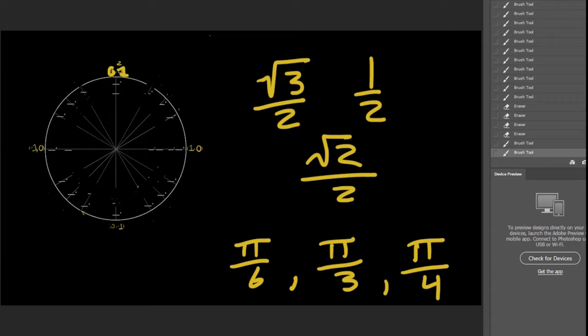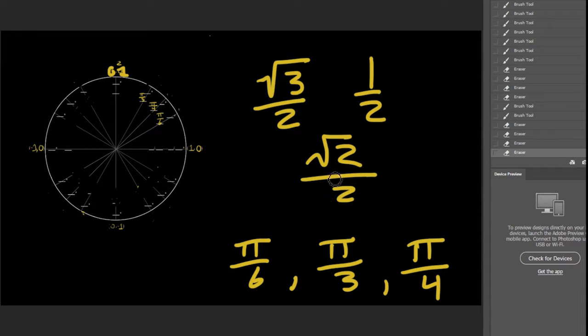And I'll show you what these numbers are here. Right there, that's pi over 6. This is pi over 4. And that's pi over 3. So these coordinates, I'll show you.